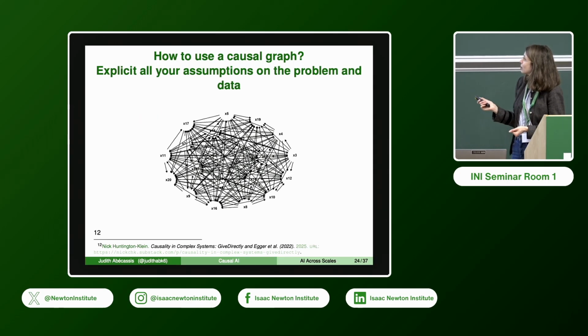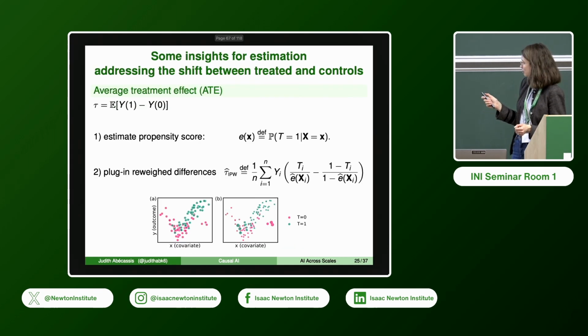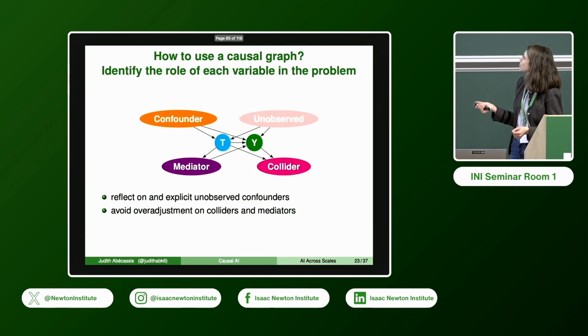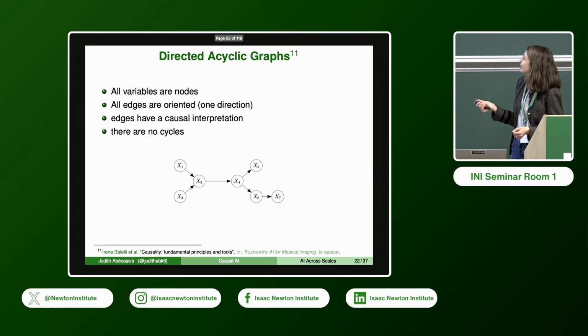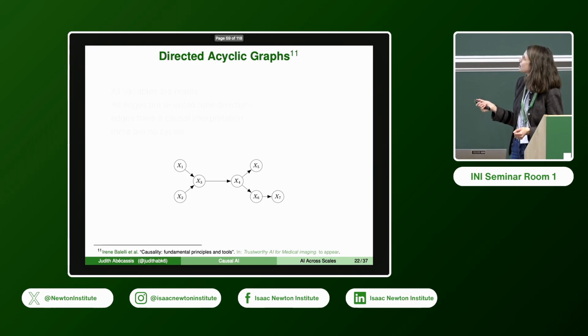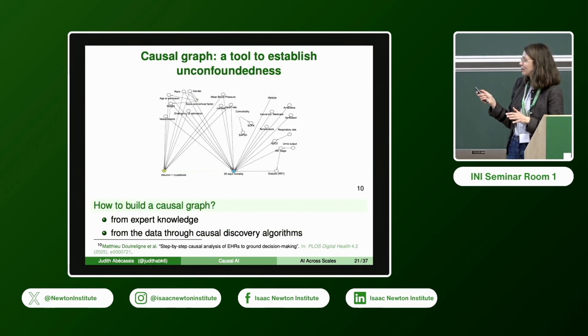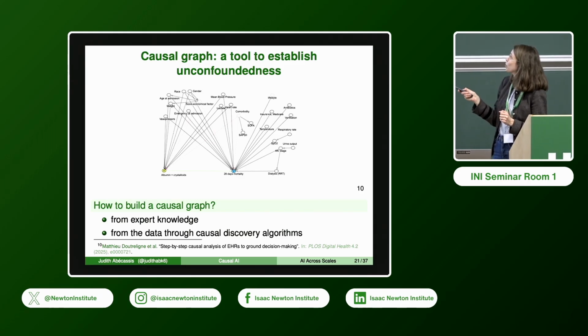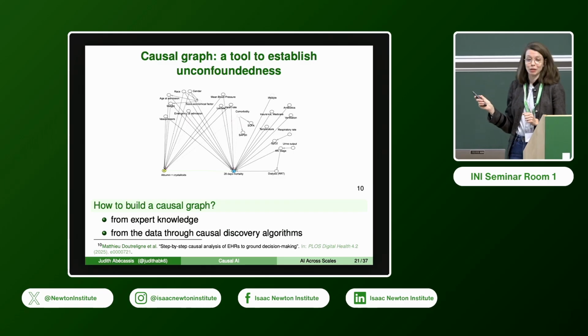But of course, in real life, things look a little more complicated than that. So here is a sort of exaggerated example, but this one that I had here is also quite a simplified causal graph, and you see that it's already getting complicated and it's already hard to follow all the edges and paths in the graph.